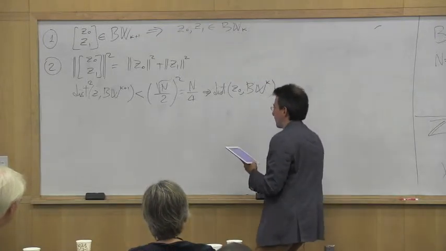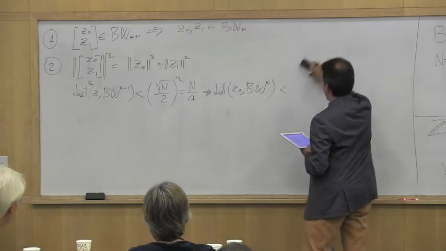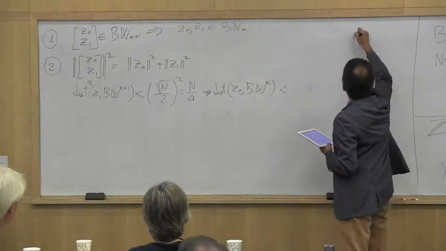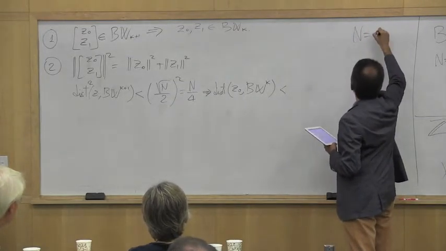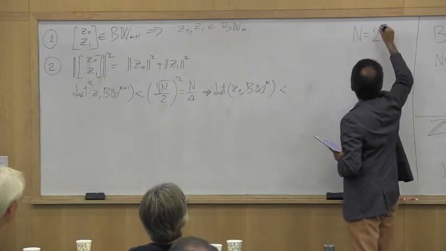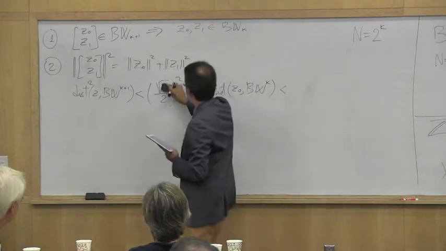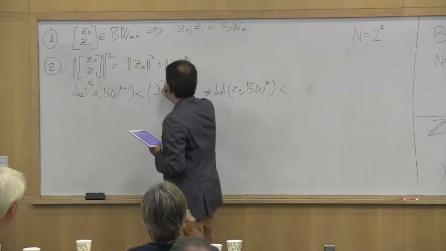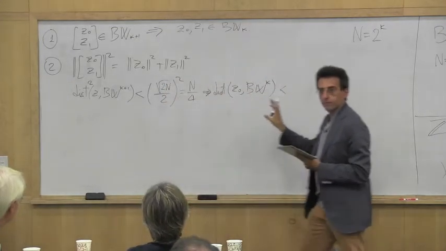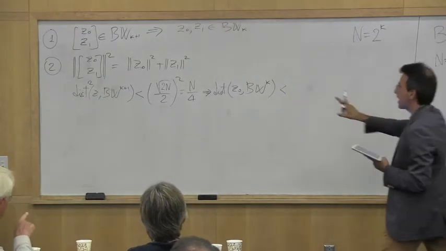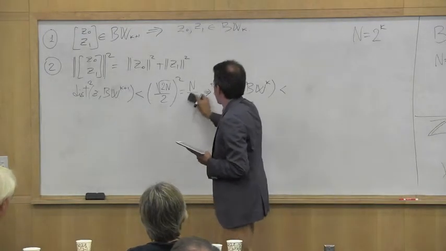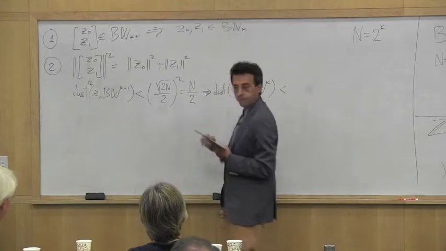I think I lost track. If n is, in the notes I have n equal to 2 to the k as over there. So here let's write 2n, okay? So big N is 2 to the k, so this one is over 2.